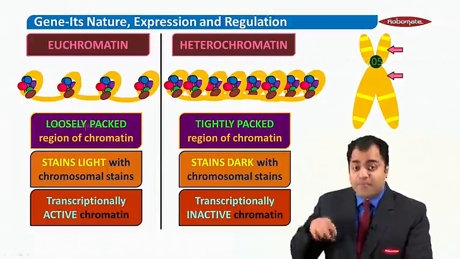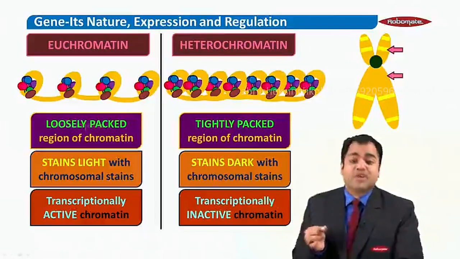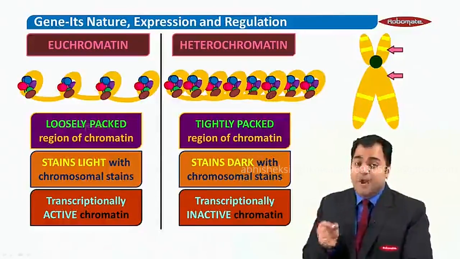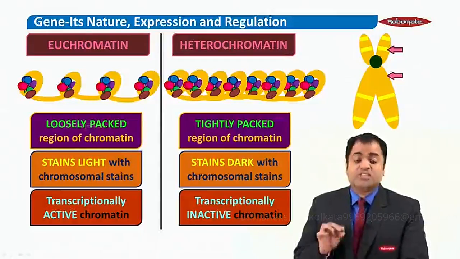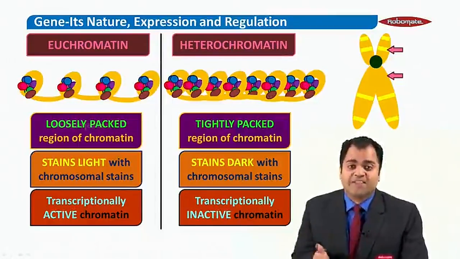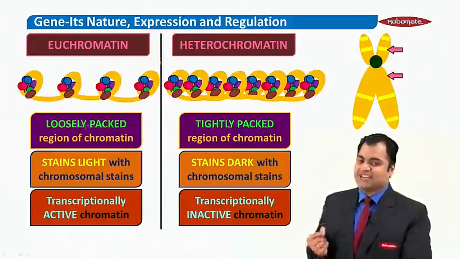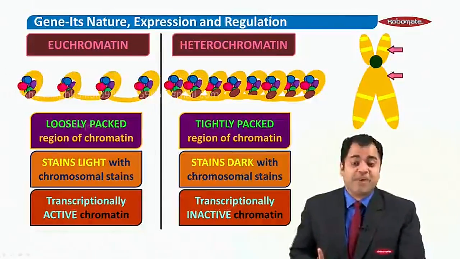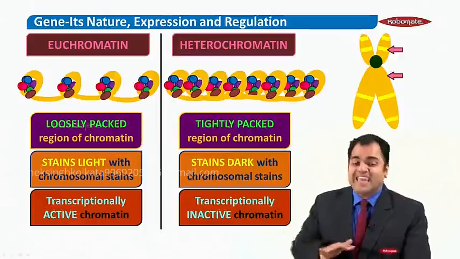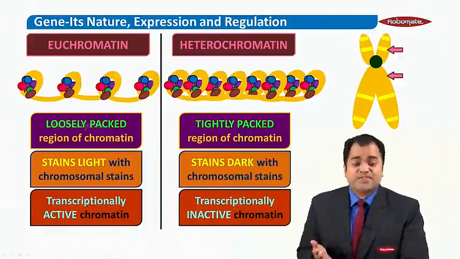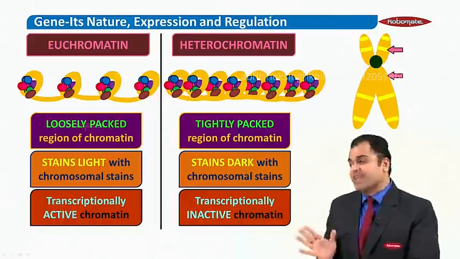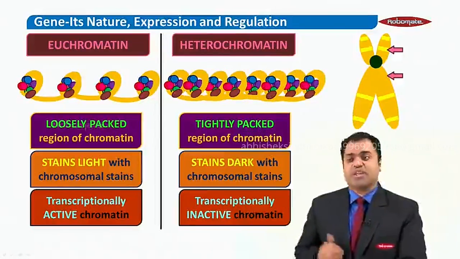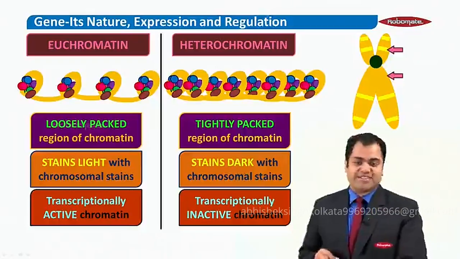If you remember from my previous modules, transcription is a process by which DNA will give you RNA. This is possible only for euchromatin because it is transcriptionally active. It is not possible for heterochromatin because it is transcriptionally inactive. The details of transcription we'll be looking at in future modules. So here I've listed a few differences between euchromatin versus heterochromatin.